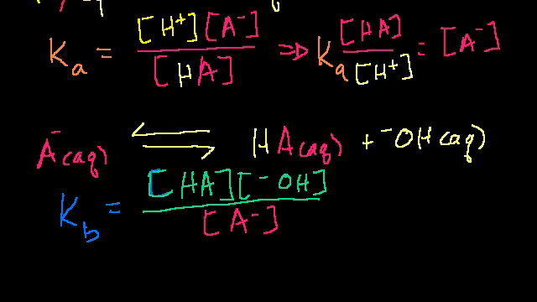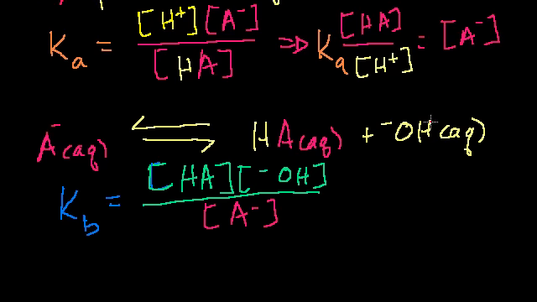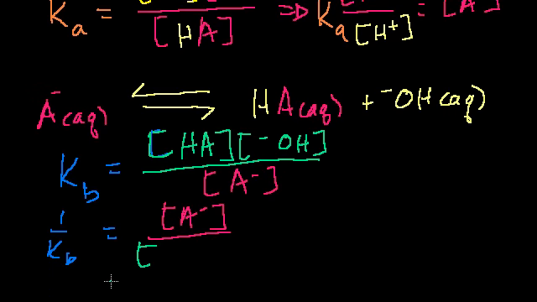And let's do the same thing here, solve for A minus. To solve for A minus here, we might have to do two steps. If we take the inverse of both sides, you get 1 over Kb is equal to A minus over the concentration of my conjugate acid times the concentration of hydroxide.